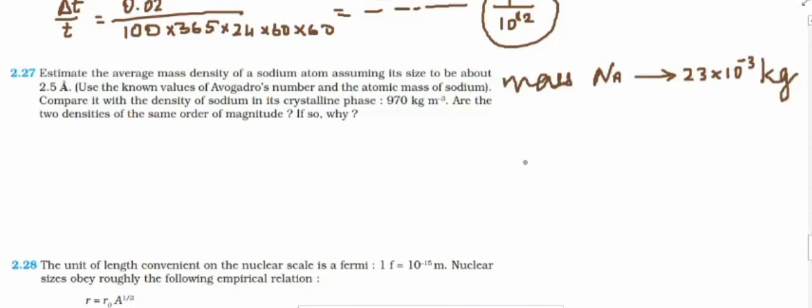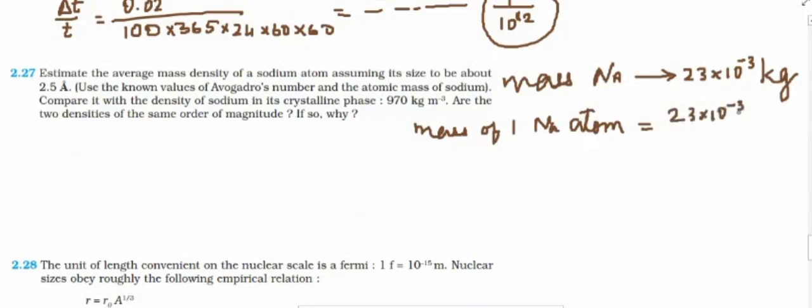Therefore, mass of 1 sodium atom: for Avogadro number of atoms we have 23 into 10 power minus 3 kilogram, so for 1 atom, divided by Avogadro number, is the mass of 1 sodium atom.